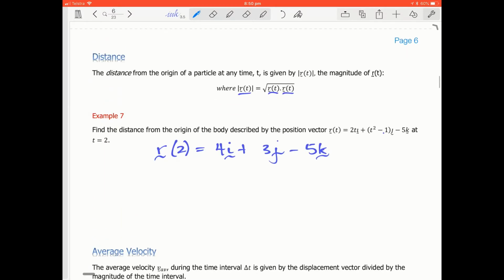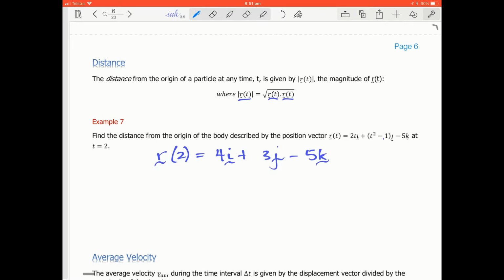Now if I want to find the magnitude of this vector, or the distance, I want r of 2, which is the vector dotted with itself.